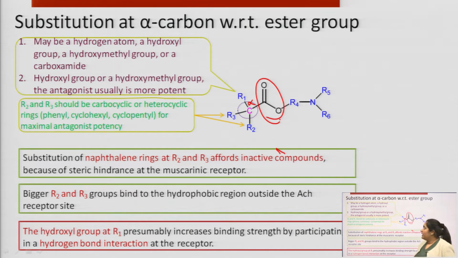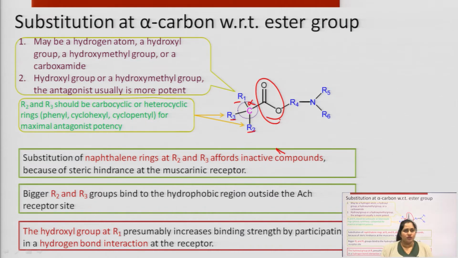We can have a hydrogen atom or a hydroxyl group, a hydroxymethyl group or a carboxamide group. These groups can be present in place of any of these substituents.